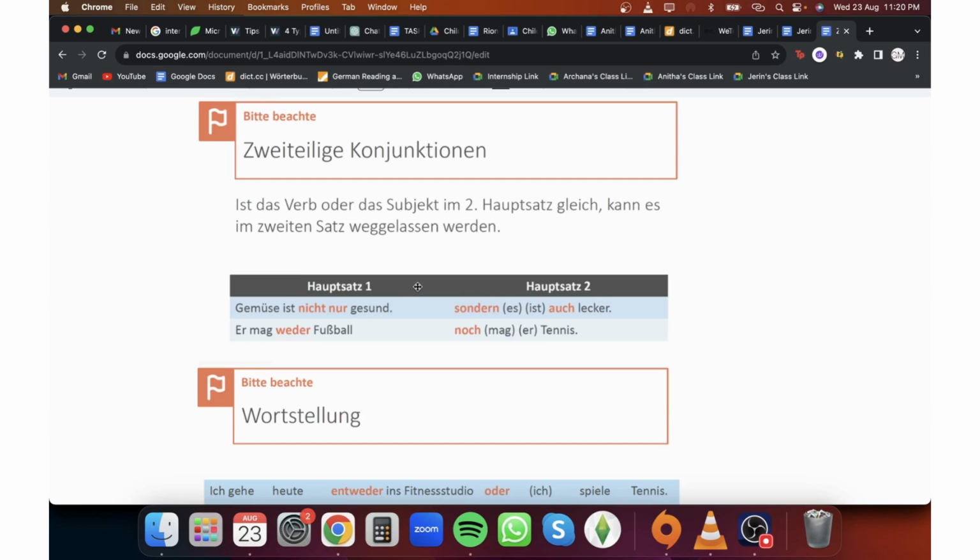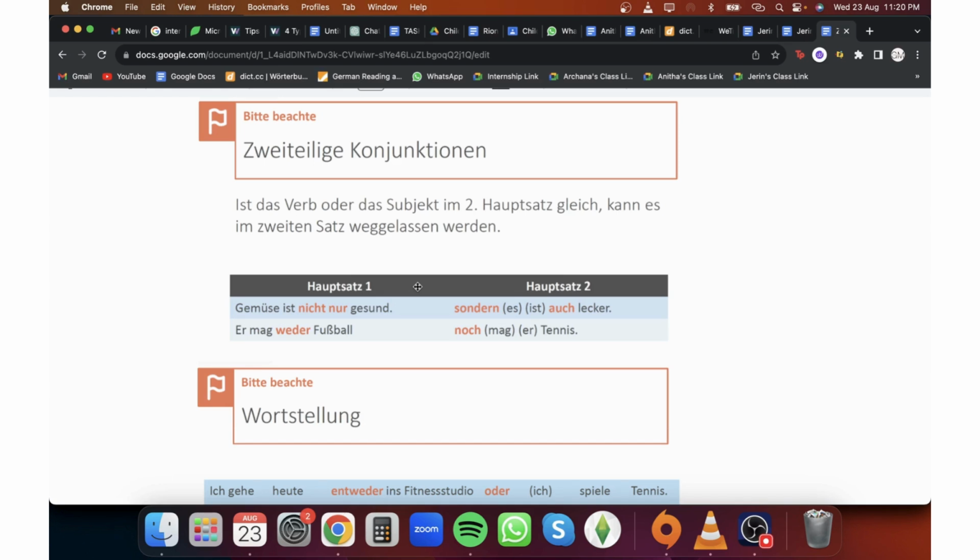Once I said, but they are also tasty, and second sentence I said, but also tasty. Both are correct. I'll repeat it for you once again. Vegetables are not only healthy but also tasty. Vegetables are not only healthy but they are also tasty. Both sentences are fine. Similarly, you can do this in German also. You can omit, Entschuldigung, the subject and the verb out.